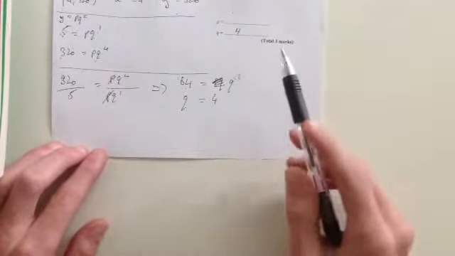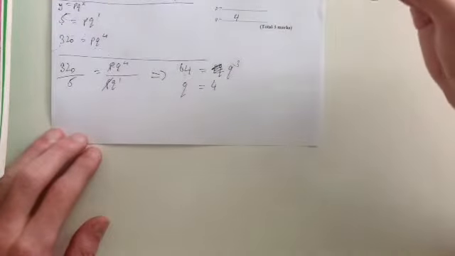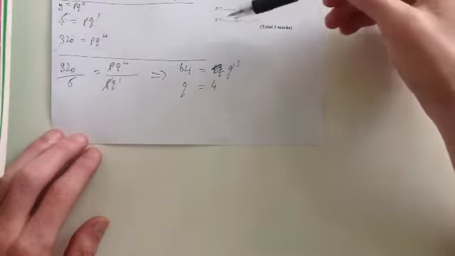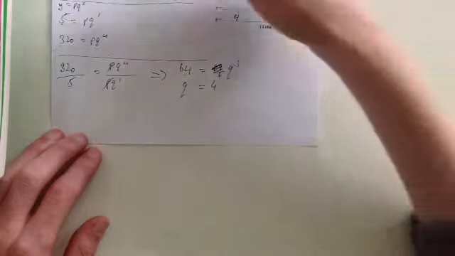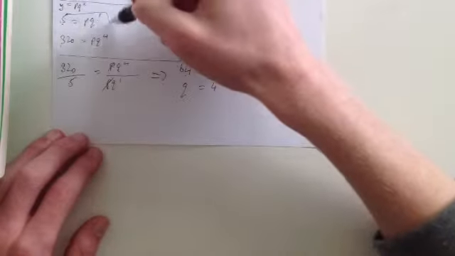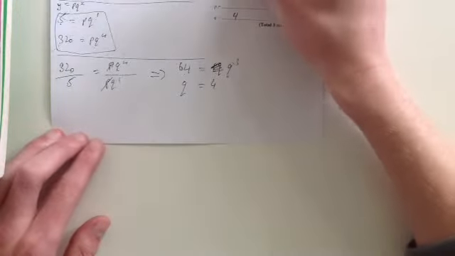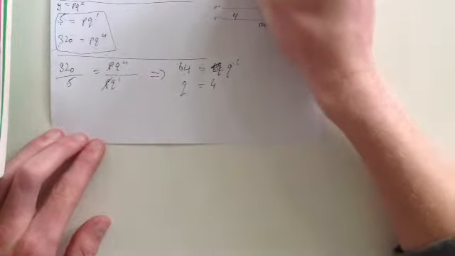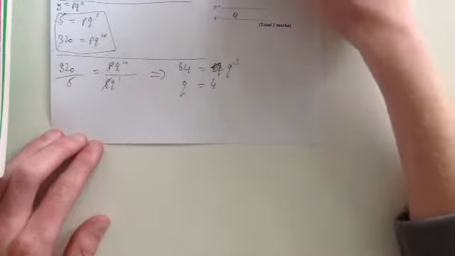We then try and find the value of p by substituting the value of q into any of these equations. You try and choose the simplest equation, which is the top one.